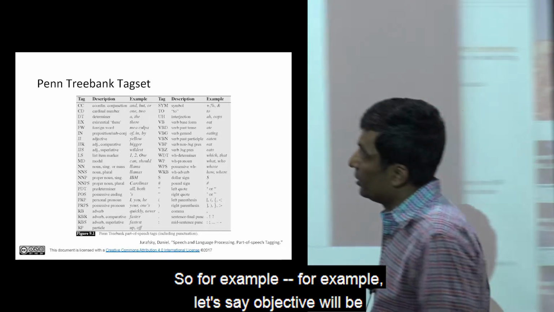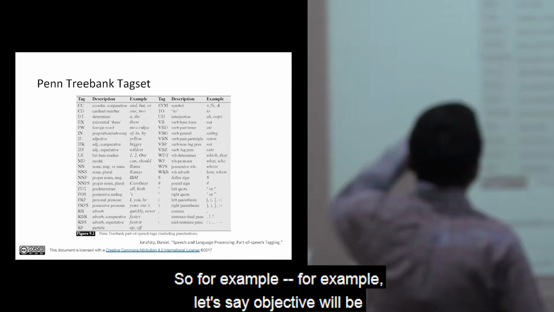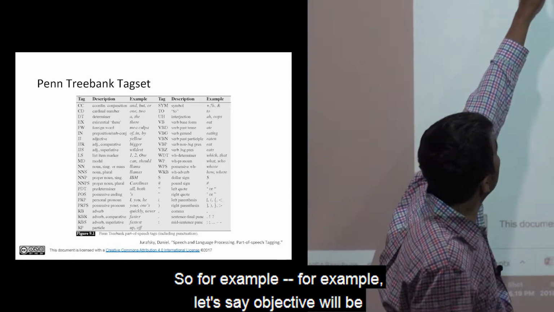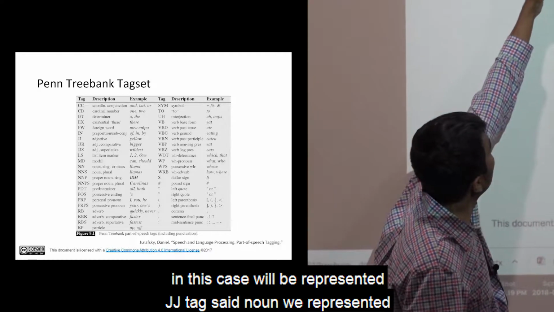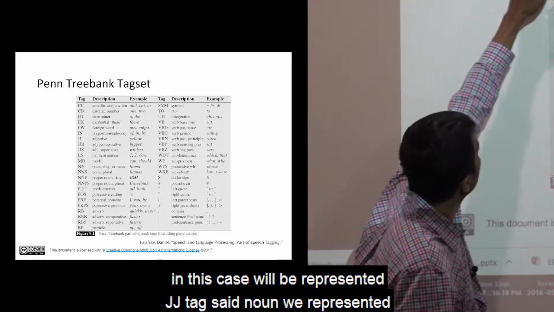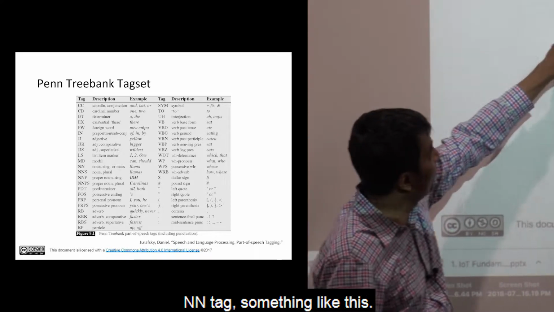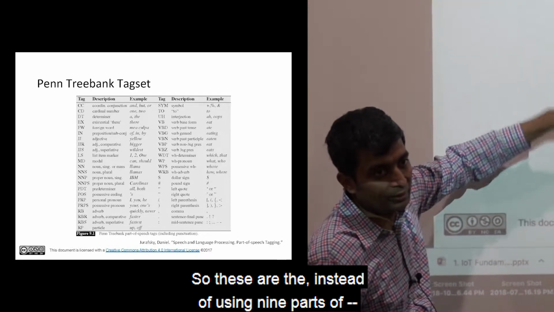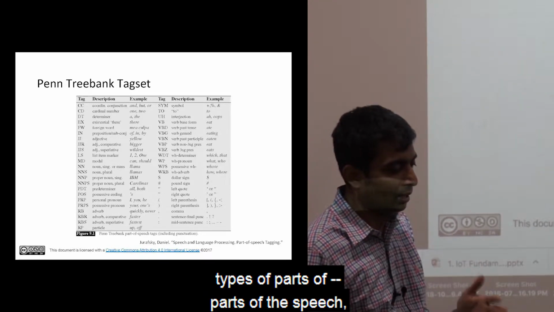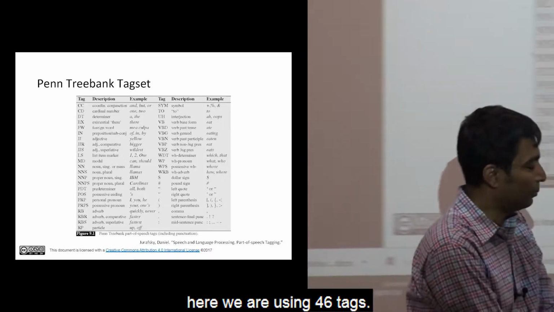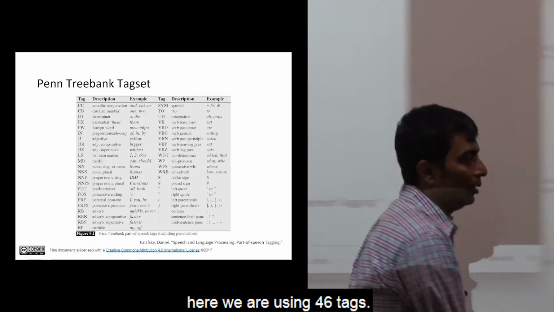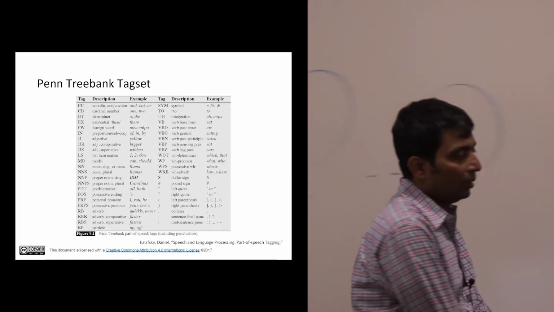For example, adjective will be represented by the JJ tag, and noun will be represented by the NN tag, something like this. So instead of using 9 types of parts of speech, here we are using 46 tags.